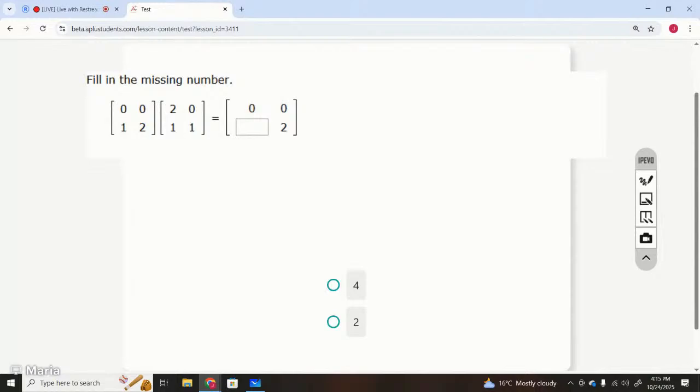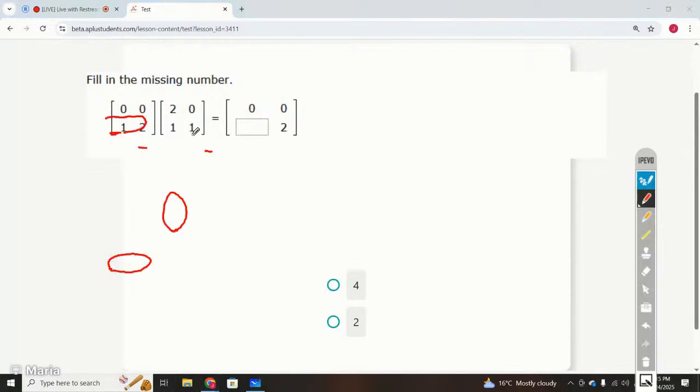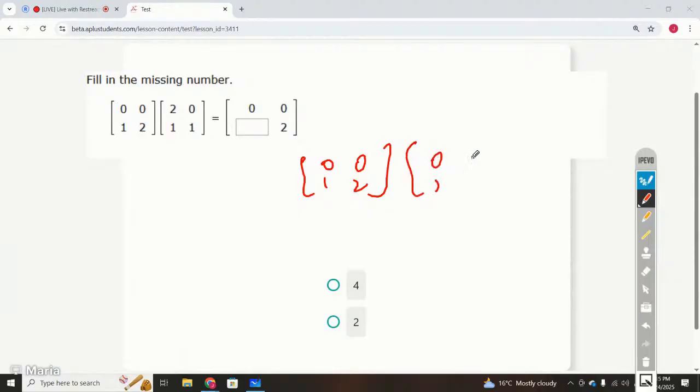Fill in the missing number. Let's just write them down. The first matrix, the product, and here we can write the second matrix.